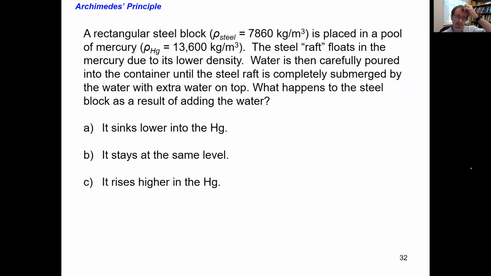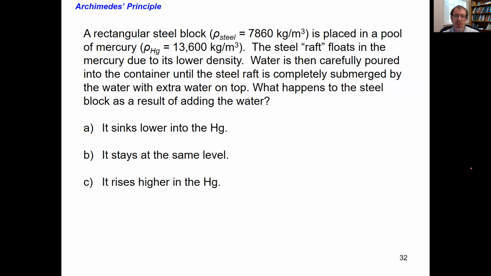Mercury is a liquid at room temperature and also well below room temperature. We can actually float this steel block in mercury. Place it down and it'll just float because it's less dense than the mercury, which is kind of weird to think about, steel floating, but there it is. So this steel raft will float in the mercury due to its lower density.